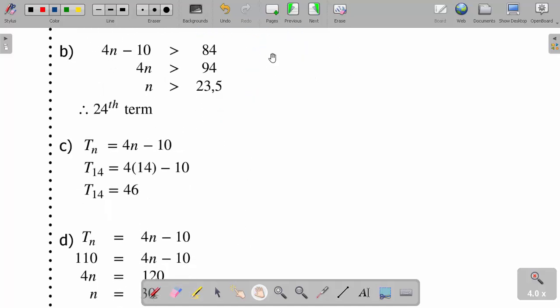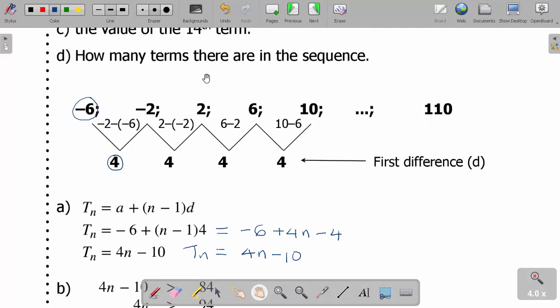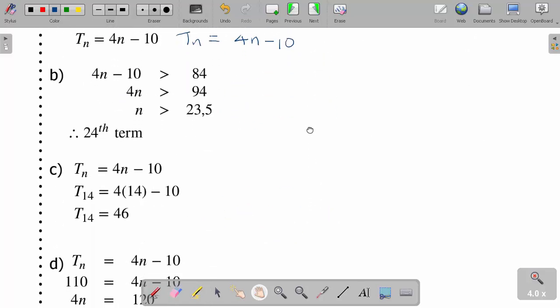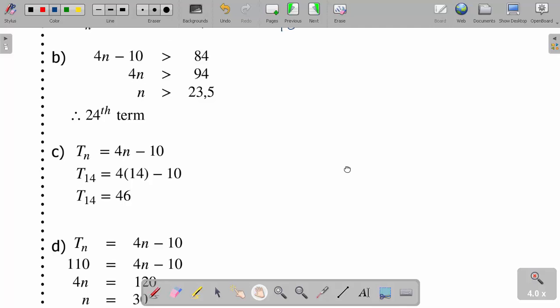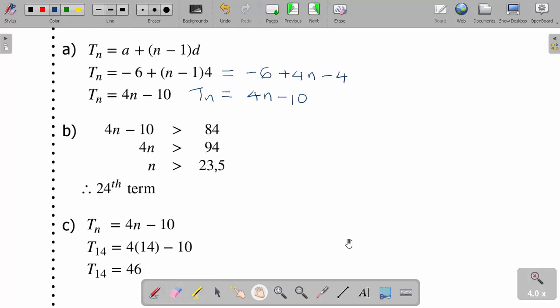And then the number of terms. If you remember, the question said, determine how many terms are there in the sequence. To get the number of terms, because we have the last term, which was 110, I'm going to use my general formula Tn equals 4n minus 10. I equate it to 110 to get the number of terms, n.